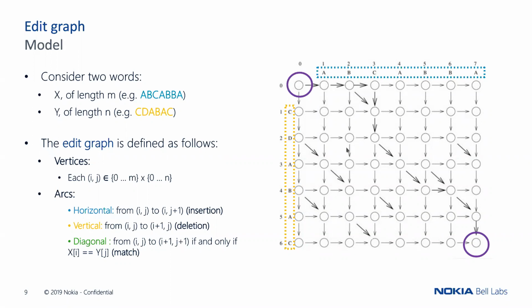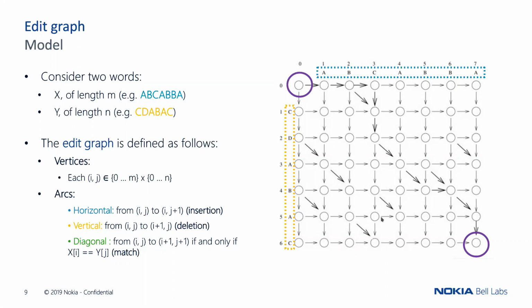I have some intermediate vertices, and at the bottom right, I have the vertex (m, n), where m is the length of X and n is the length of Y. As I consider every pair of indices (i, j), I have this kind of grid. Now the question is, how do I connect those vertices?